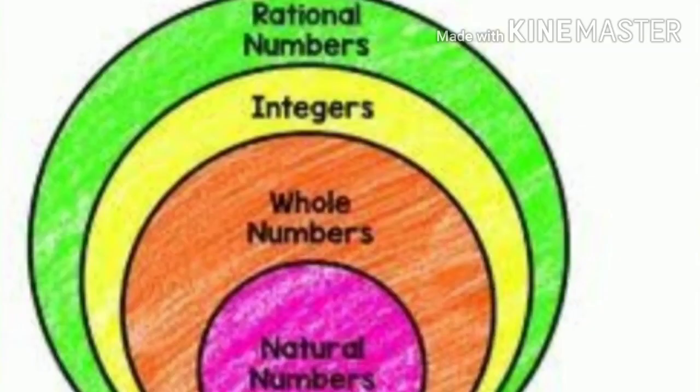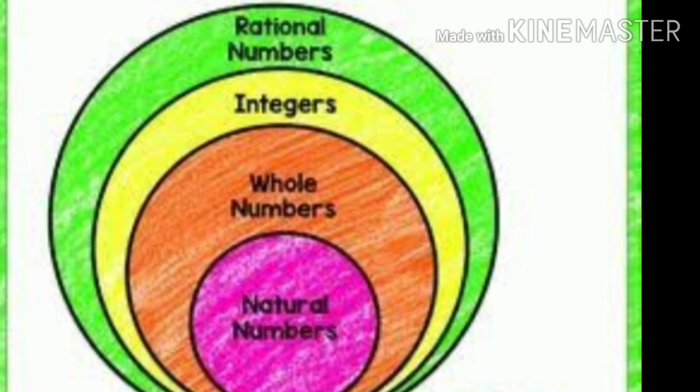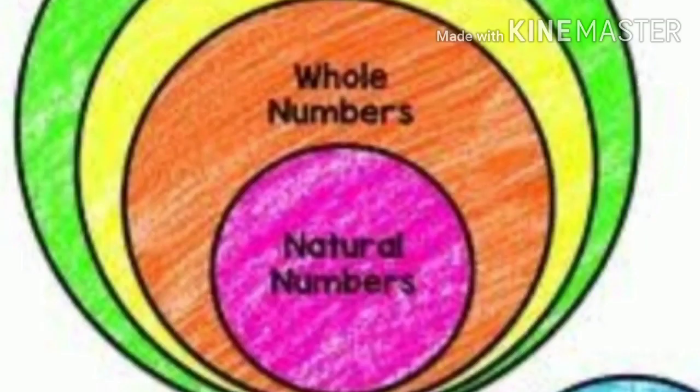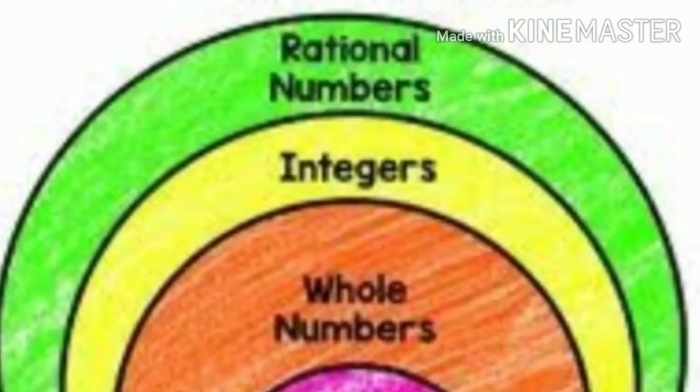Students, I have included a beautiful diagram for you to understand the concept of natural numbers, whole numbers, integers and rational numbers. Look at the diagram carefully. How many circles are there? There are 4 circles. The smallest circle represents the set of natural numbers.